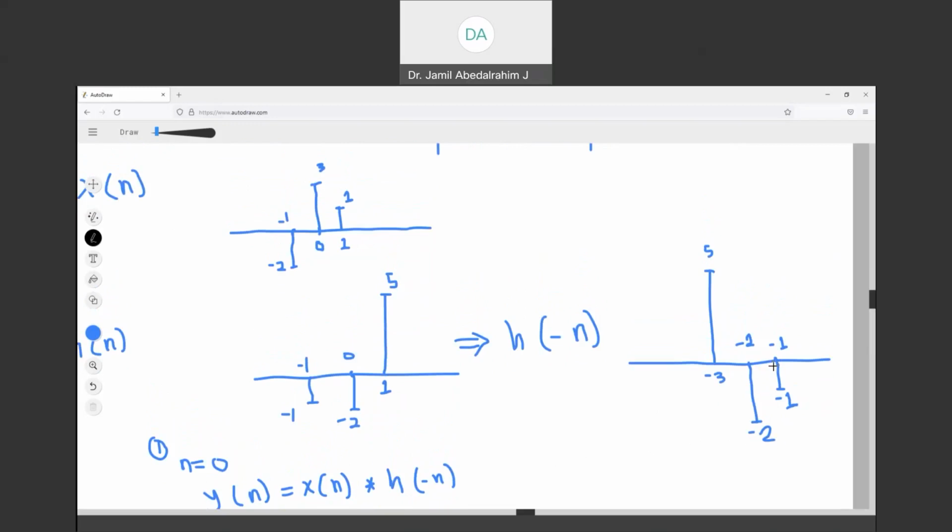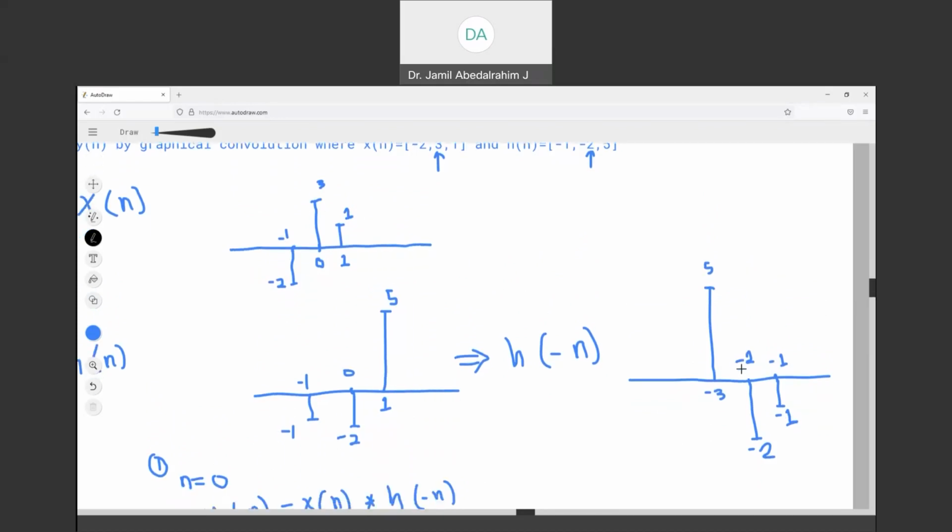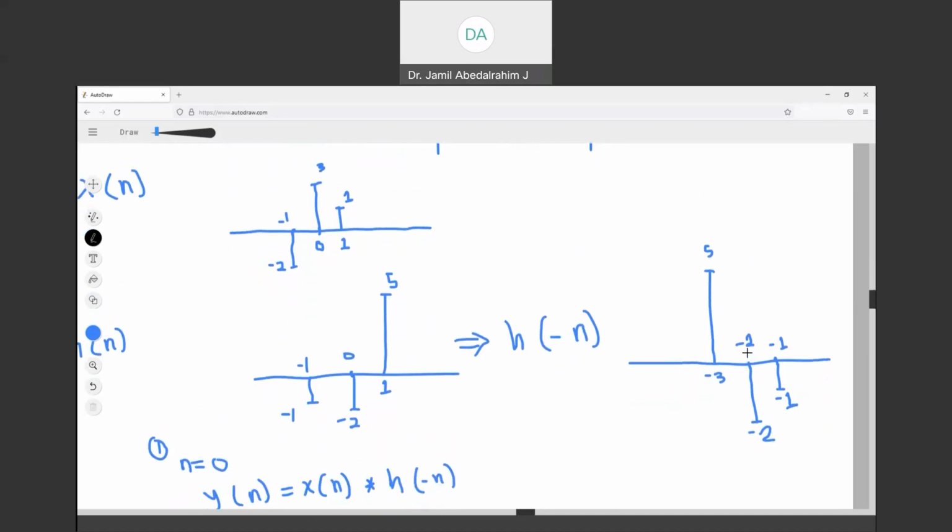The others we cannot multiply, because if we multiply 1 by 0, it will be 0. If we multiply 3 by 0, it will be 0. There is no signal. Same cases in this graph: if we multiply negative 2 by 0, it will be 0, and if we multiply 5 by 0, the result will be 0.